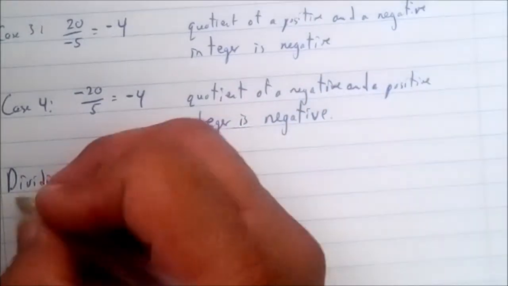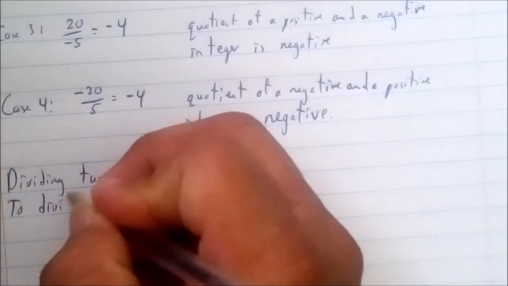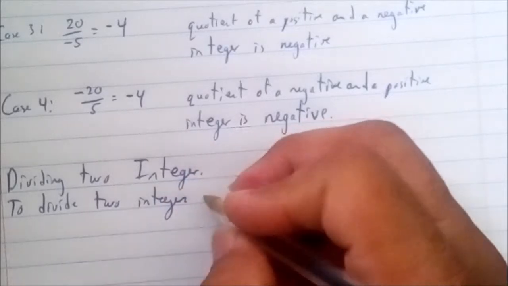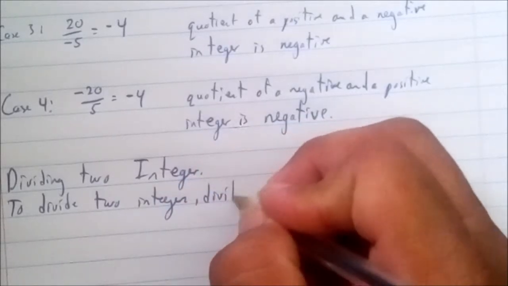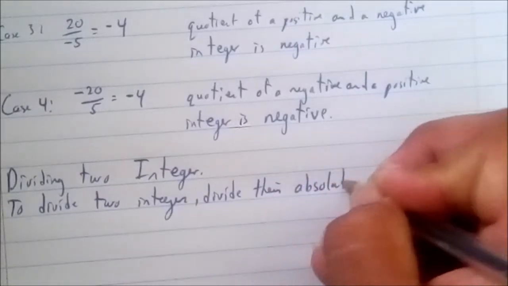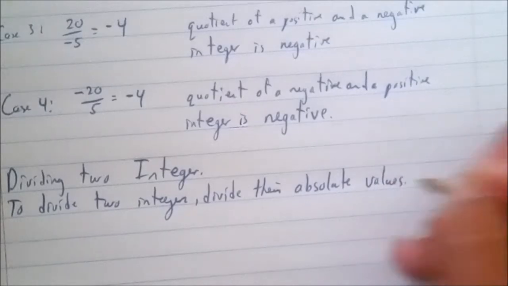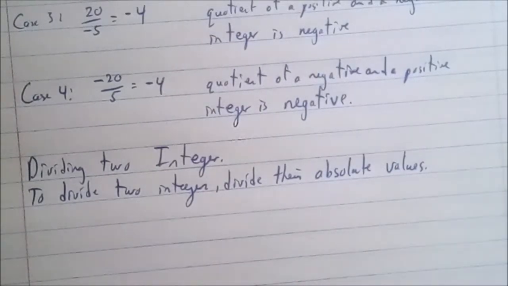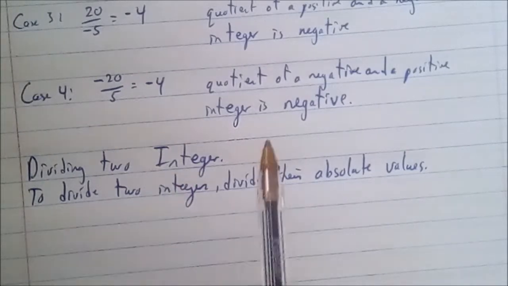We can say to divide two integers, divide their absolute values. That's the key part. And the reason why that's the key part is because you will divide their absolute values regardless of their sign. Just remember, case 1, case 2, case 3, case 4. A negative divided by a negative is positive. A positive divided by a positive is positive. Two different signs will give us negative.